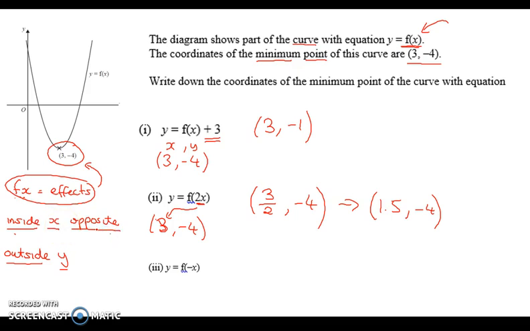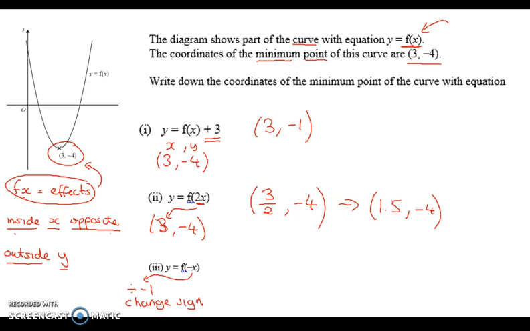Well, if you were to think about this as making the x value times by minus 1, which means basically if you times something by minus 1 or divide it by minus 1, as we're doing the opposite, then all that will do is change the sign. It will just change the sign. So all the positive numbers become negative, and all the negative numbers will become positive.